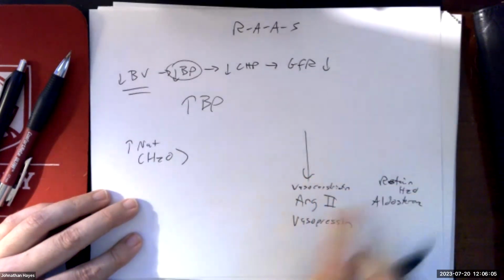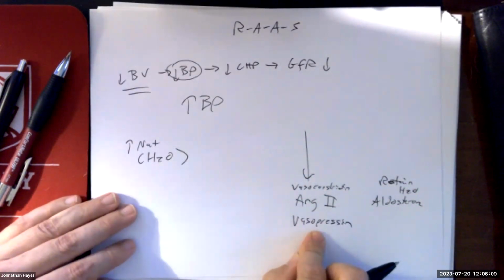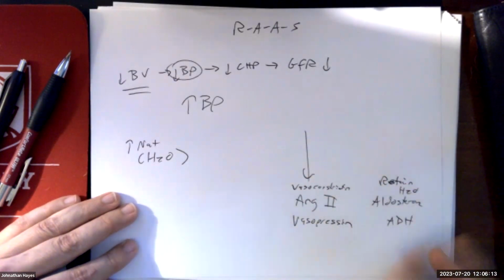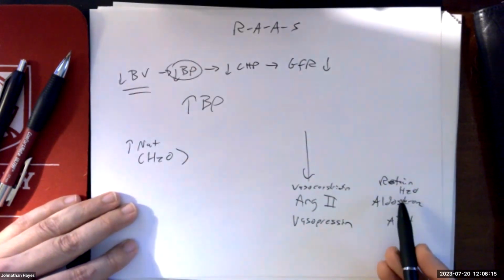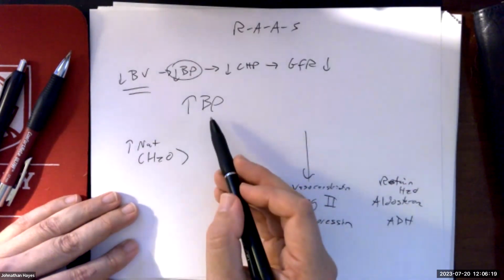Angiotensin 2 is a strong vasoconstrictor. Vasopressin is a very strong vasoconstrictor. And then you have aldosterone retaining water and ADH, which is the same thing as vasopressin, retaining water. So do you want that if you're hypertensive? Hell no, that's the exact opposite of what you want.